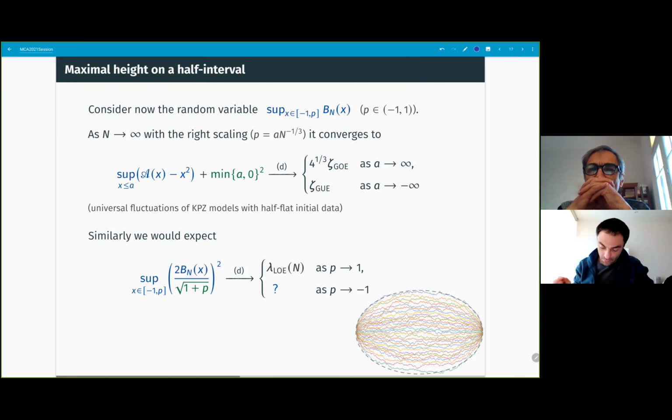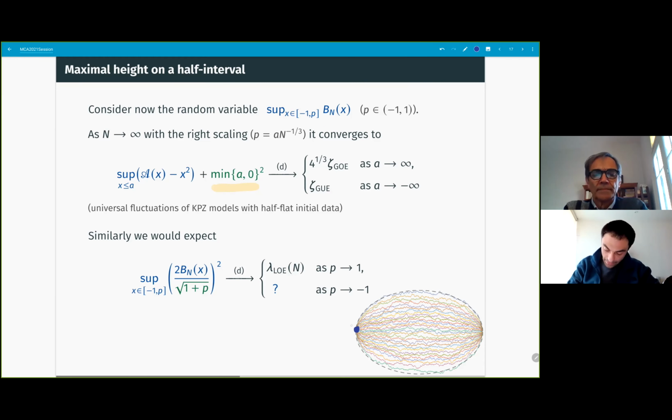Now, if I want to take p to minus 1, it means that I'm looking very close to this point over here. Just as I had to compensate here with this a squared, here I have to do something to compensate for the fact that these Brownian motions are getting squished near 0.